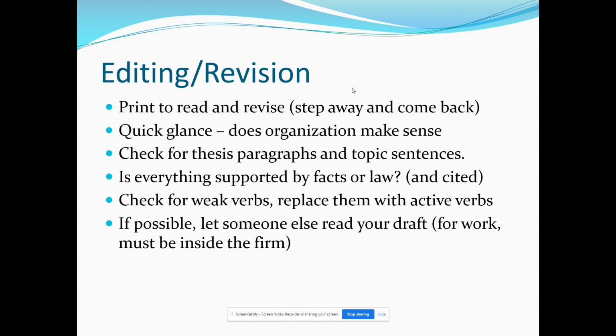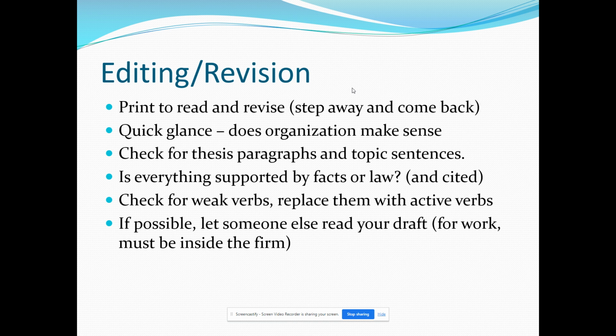Okay, so check: does your organization make sense? Make sure you have thesis, paragraphs, and topic sentences. Are your facts discussed in your discussion, in your statement of facts? Work on using active language rather than passive, eliminating unnecessary words.